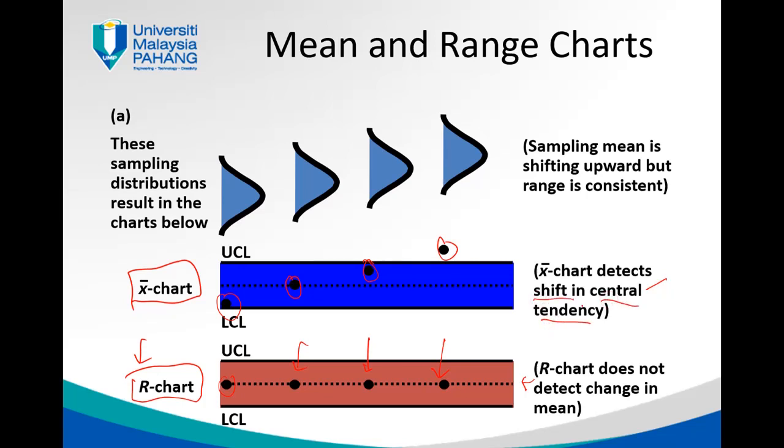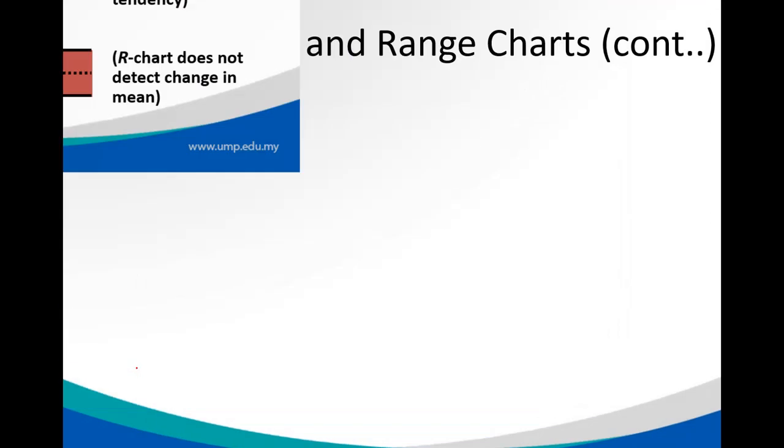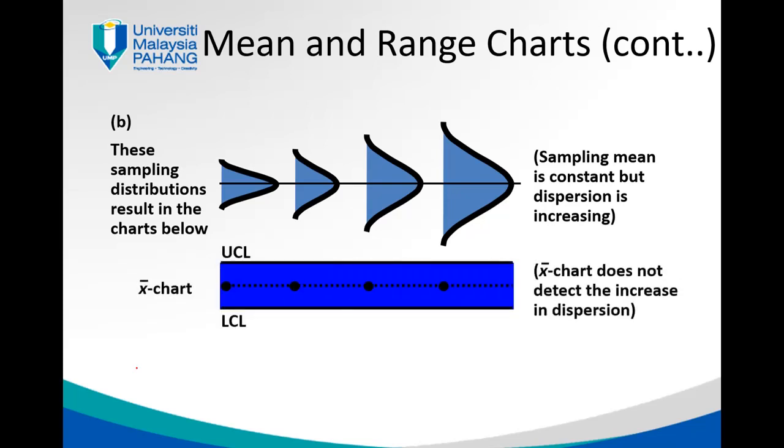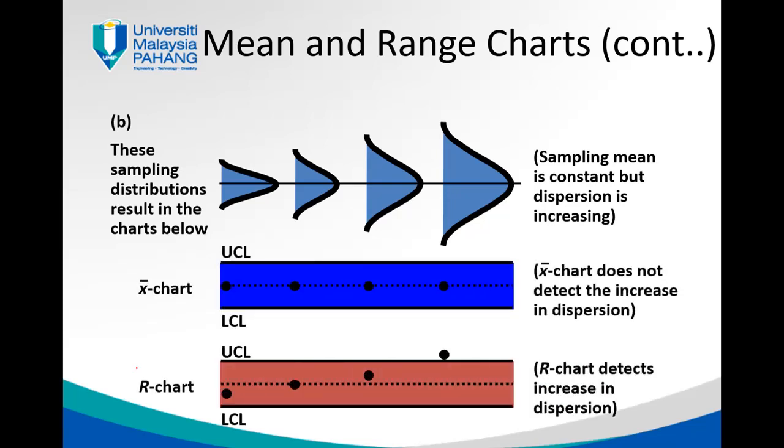Between this one and this one, the range is roughly the same. So that's why it is not triggered under the R chart. And the same thing also goes if we just use the X bar chart.